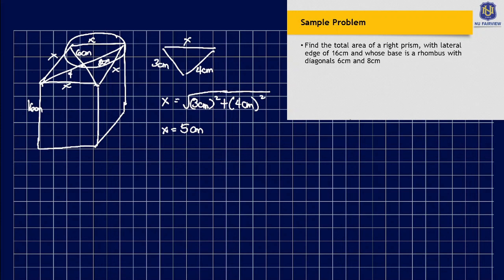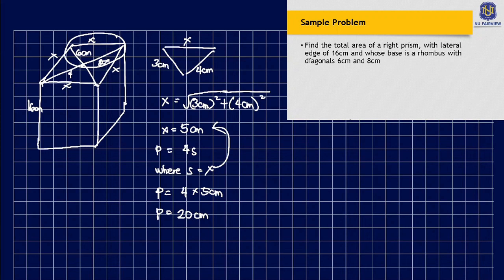So, ang perimeter natin is P equals 4S, where yung S natin ay equal sa x. So, P is equal to 4 times 5 cm. Makukuha natin yung P equal sa 20 cm.